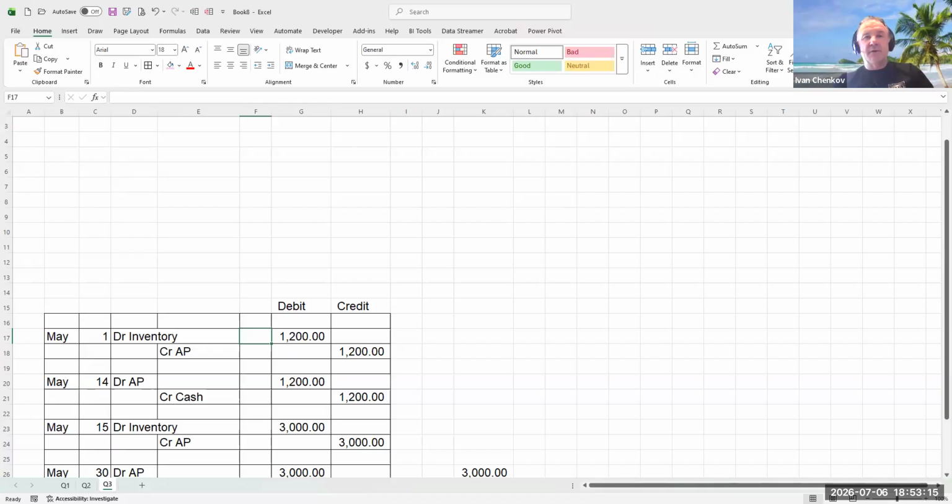So what's going to happen in question 3? On question 3, we're going to have the purchase allowance. No, that's not purchase allowance. We're going to have inventory that we're going to return.